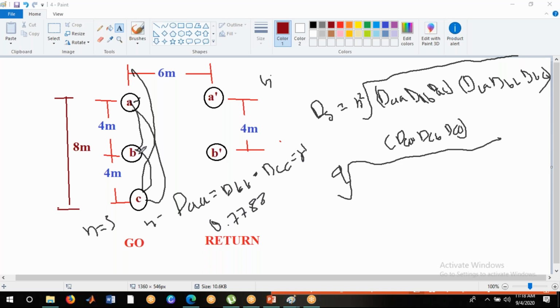What is the radius of these 3 conductors? 2 centimeter, right? So 2 into 10 power minus 2. Then find the R dash value.